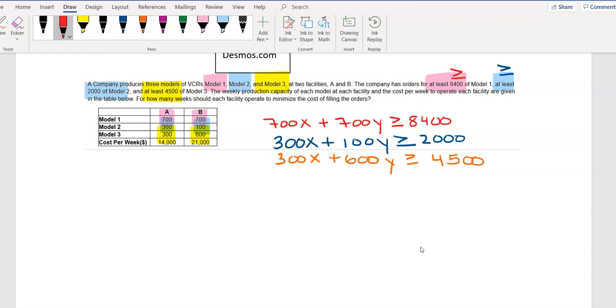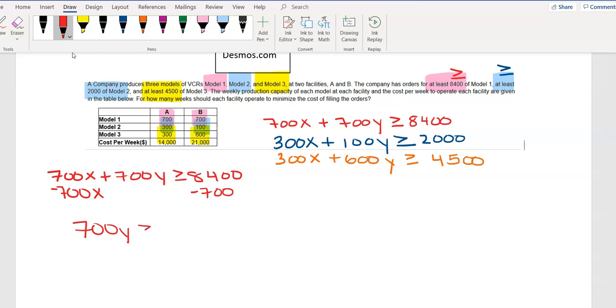So the first equation, 700x plus 700y is greater than or equal to 8,400. So you would subtract 700x on both sides. In this case, this is going to be 700y is greater than or equal to negative 700x plus 8,400.